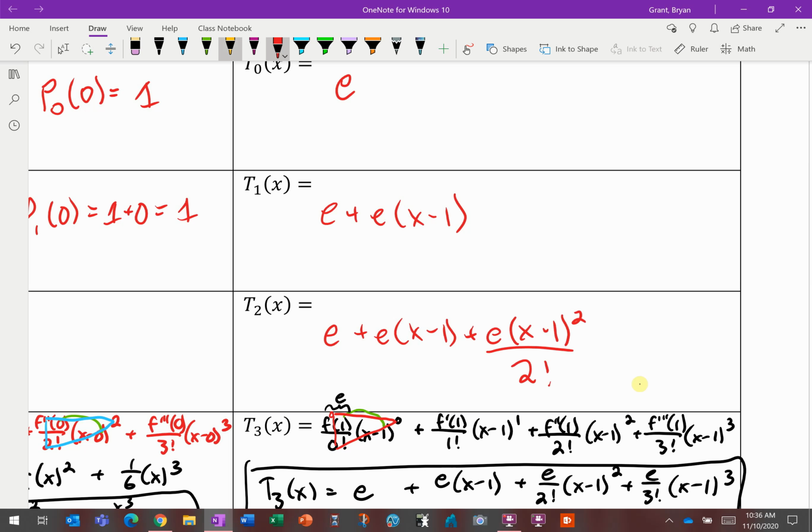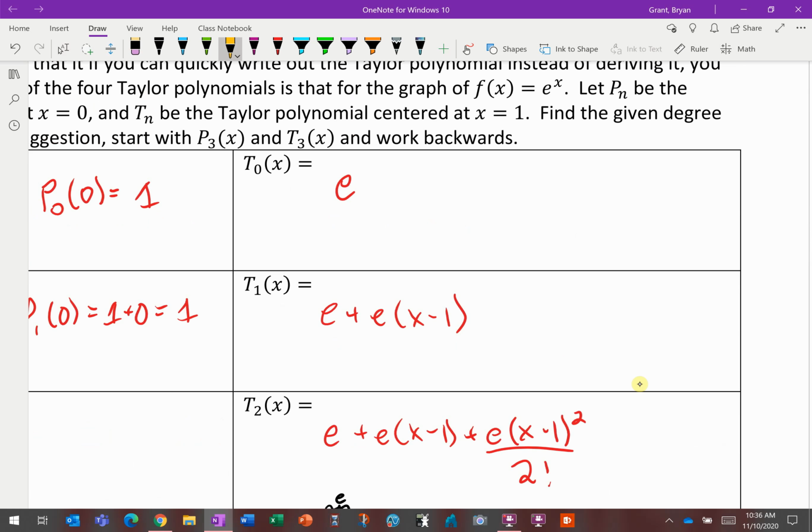Here we go. I wanted to figure out what is e to the 0th using my Taylor polynomial centered at 1. Well, then I'd evaluate this Taylor polynomial at 0, and so this would just be e.